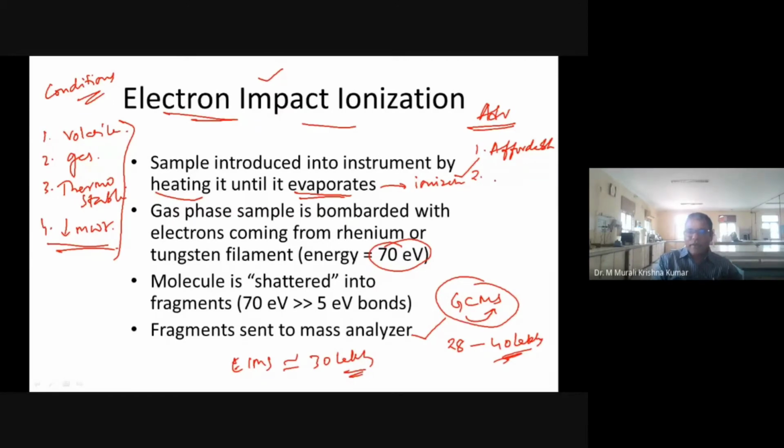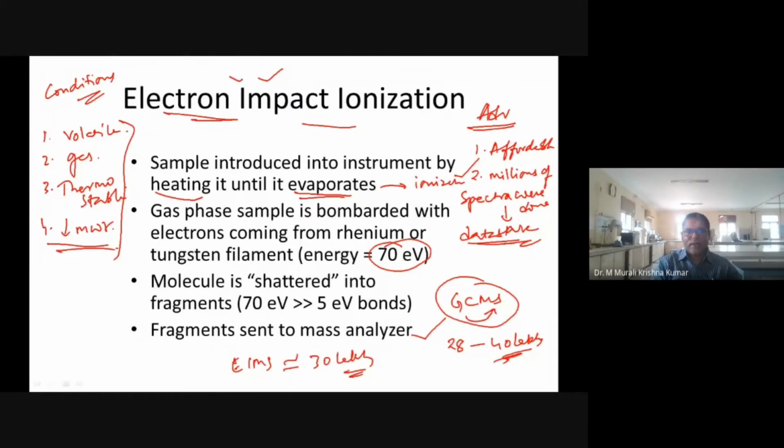Second one is, the most important thing over here is, because EI is one of the oldest techniques, by this time millions of spectra were done. So here a large database is available. Because the large database is available for various compounds, automated analysis of compounds can be done.